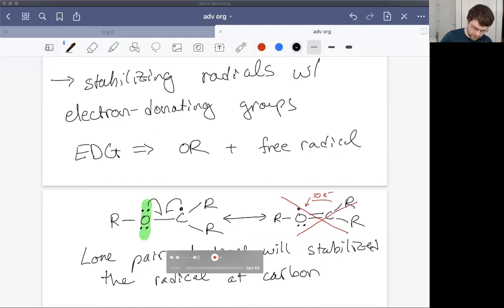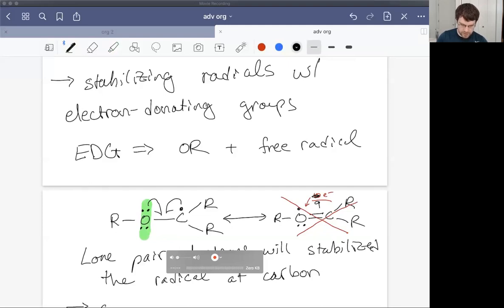And even if I could put a formal charge, right, 6... is it positive? No, it's neutral. So it's formally neutral, right? 6 minus 3 minus 3 is neutral, but it doesn't matter. We've got not 10 electrons, excuse me, 9 electrons, but we've broken the octet rule.